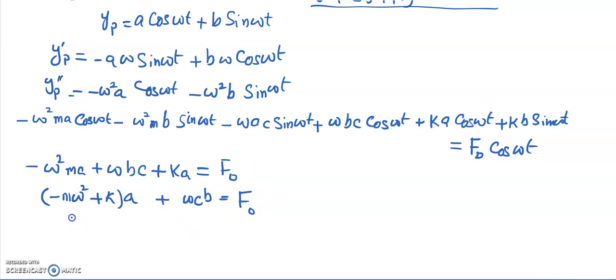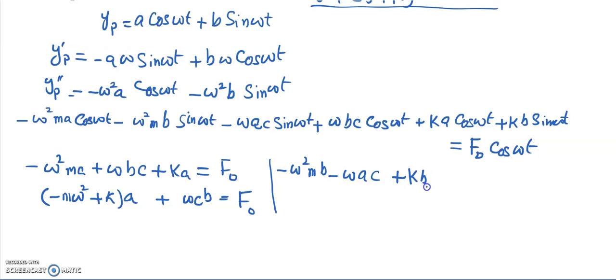After that we can collect the terms of sine. The sine terms are minus omega square m b, minus omega a c, and plus k b.